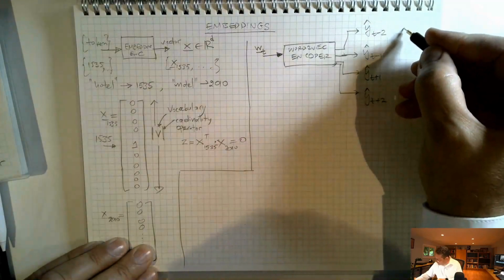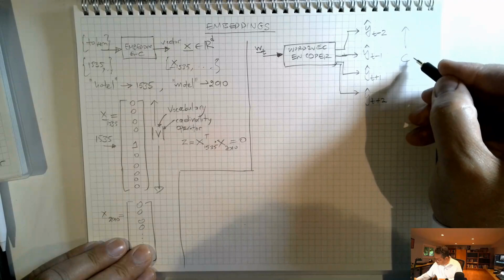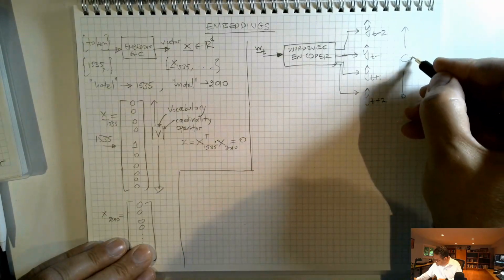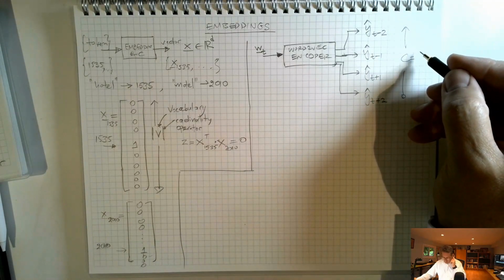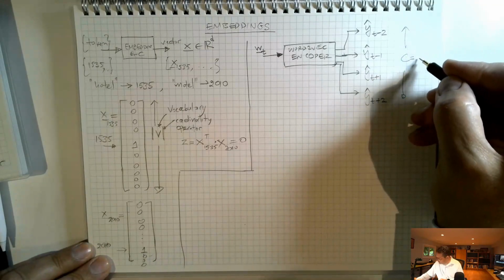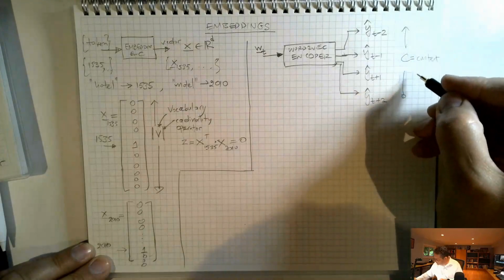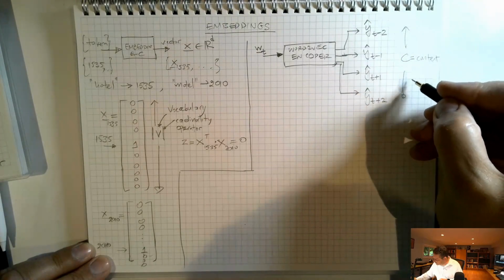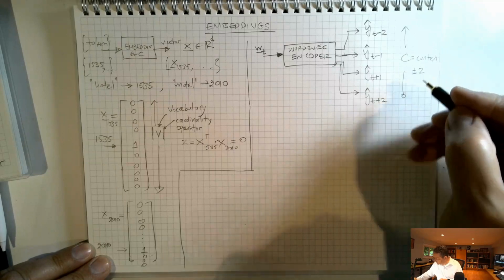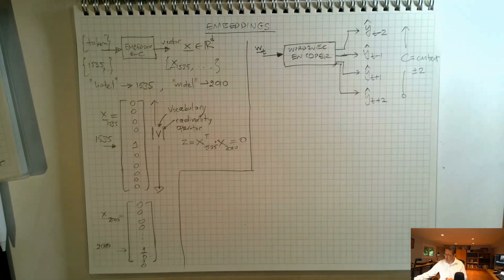And so we have here a context, let's call it capital C. So capital C is in this case the context, of let's say size 4, let's call it plus or minus 2. And that's basically what we will be doing. We will now see the elements of that machine, but how this machine gets constructed should be motivated from maximum likelihood, as we always have done in the past.